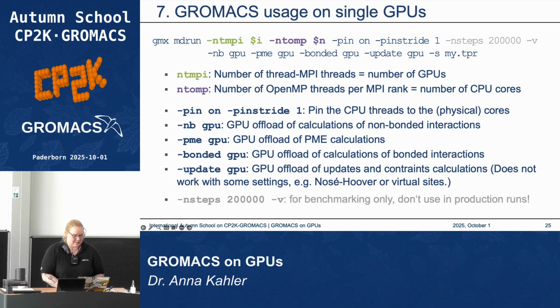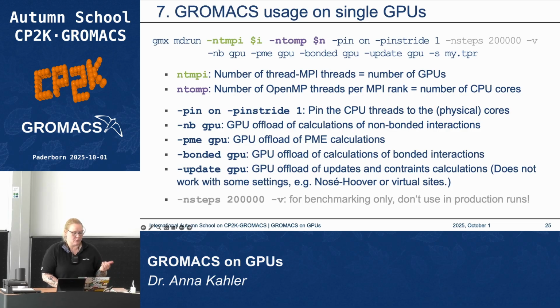I think GROMACS can use something automatically that is not as efficient. As I said, it was jumping around. The next options are putting the GPU, invoking the offloading options.